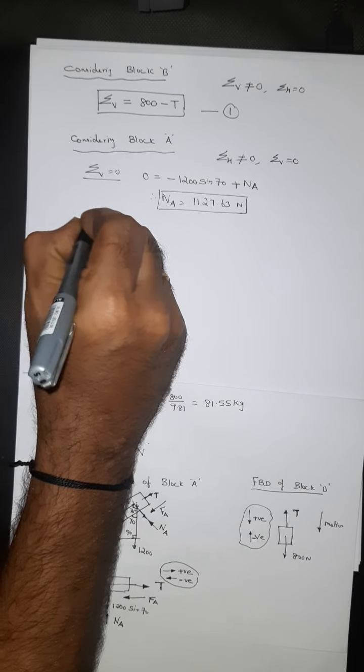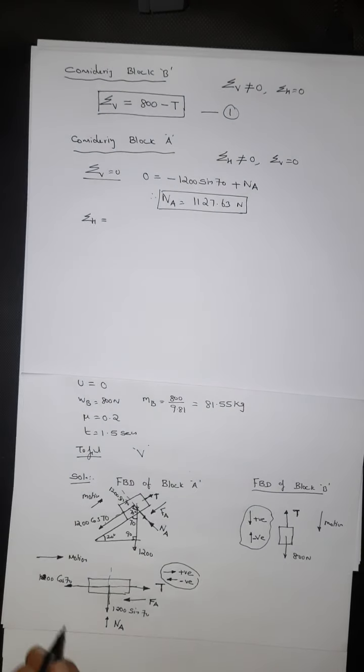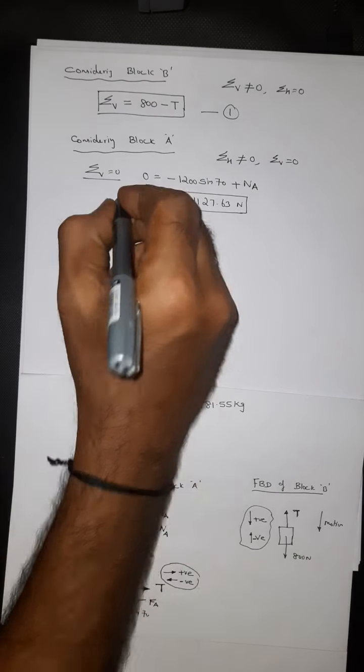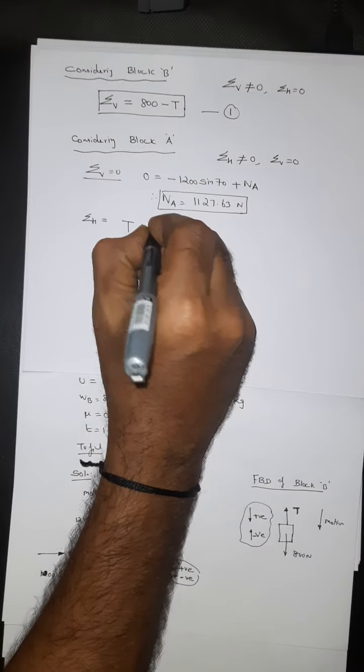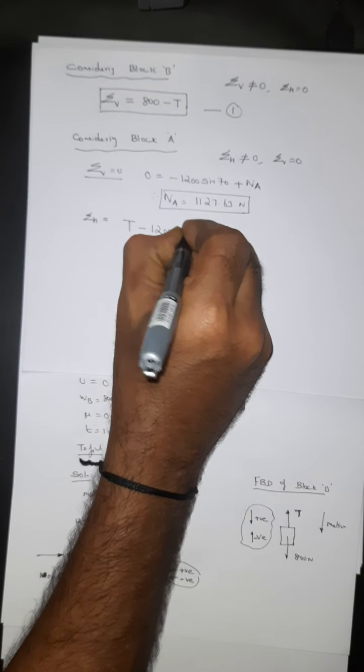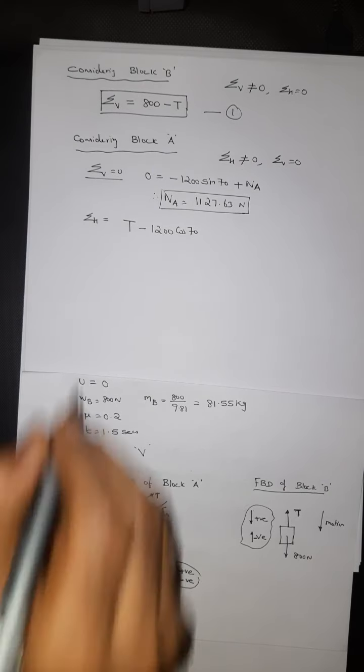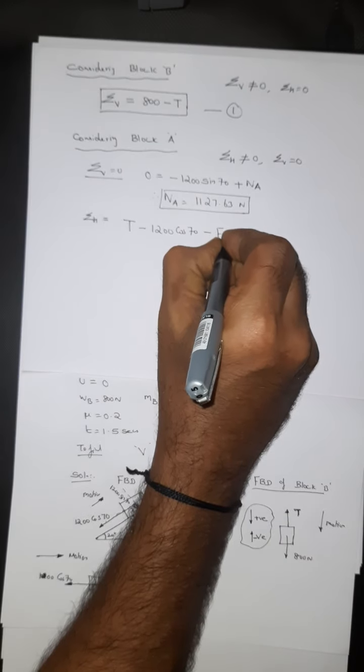Let me resolve the horizontal forces here. Towards right is positive, therefore T minus 1200 cos 70, and this F is also acting in the negative direction, so minus FA.